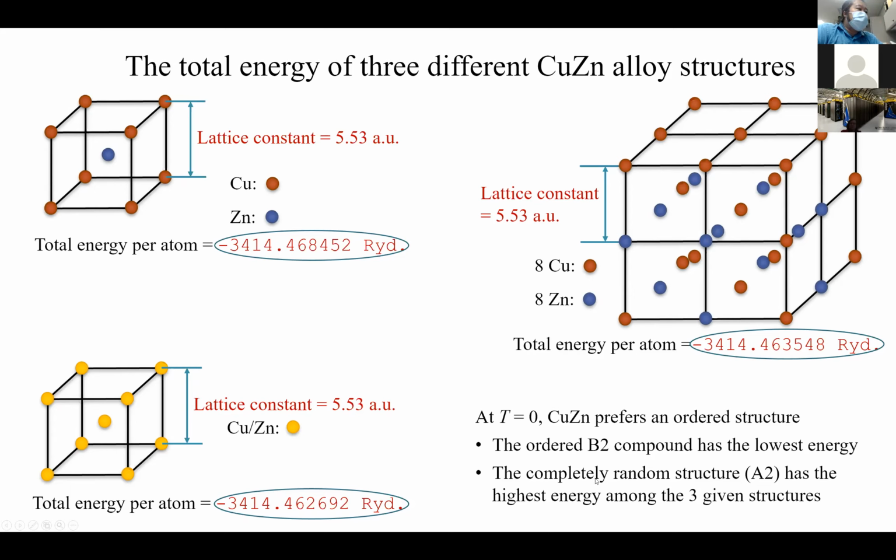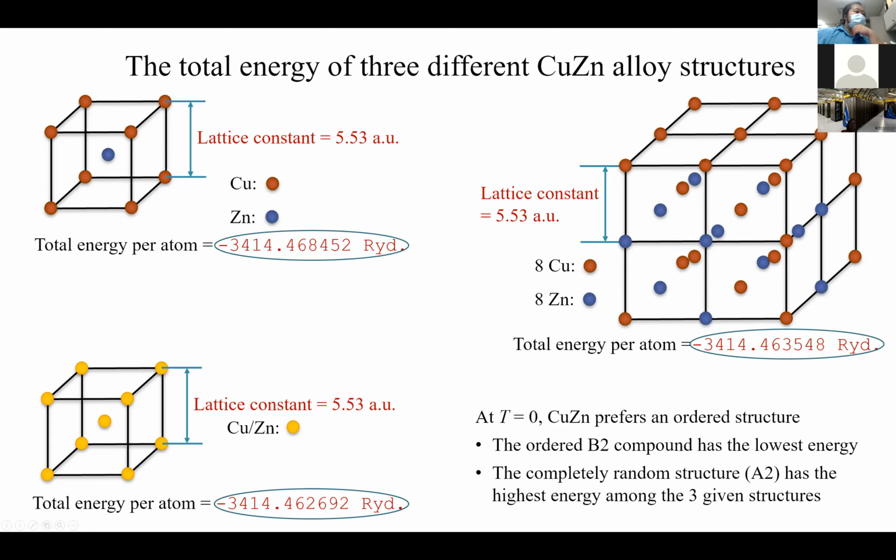So obviously at T equals 0, copper zinc prefer to be this structure because it has lower energy, which agrees with the experiment. As I told you at the beginning, at low temperature the alloy tends to form an ordered structure. And in our calculation, it turned out to be true. That agrees with the experiment that the ordered structure does have lower energy, in this case for copper zinc.